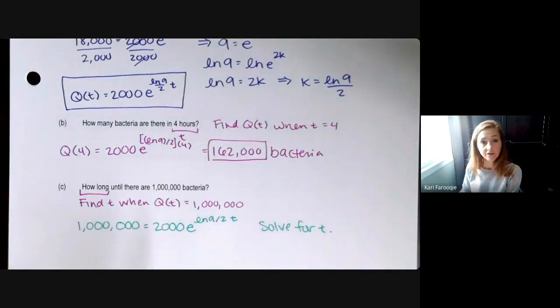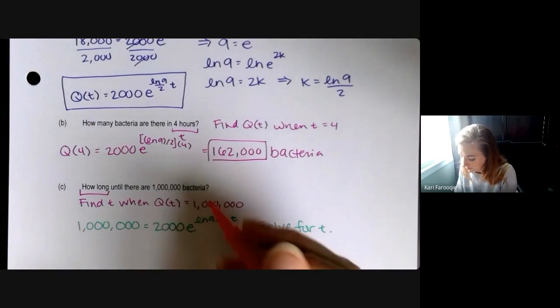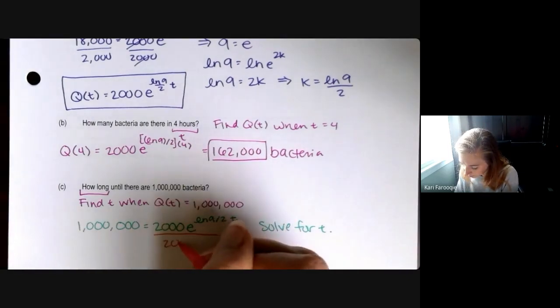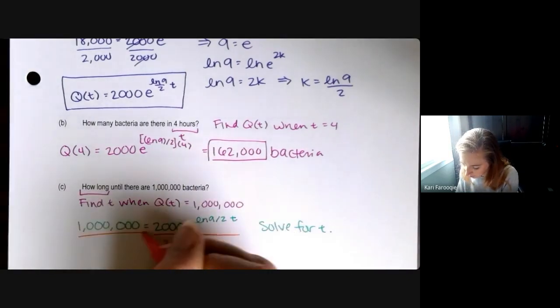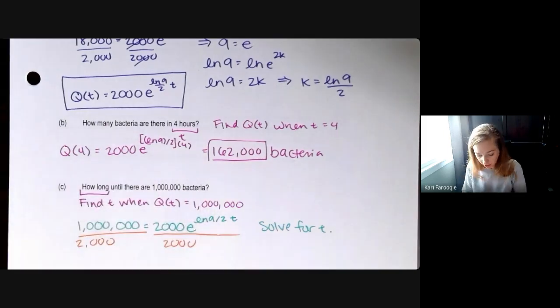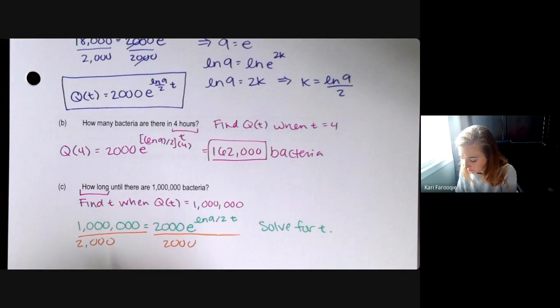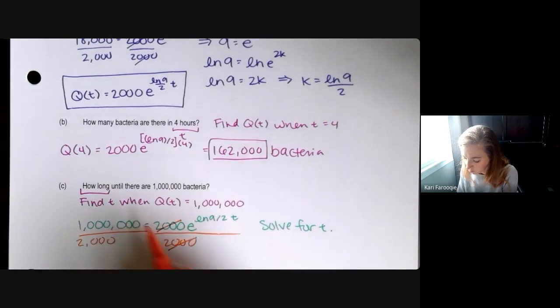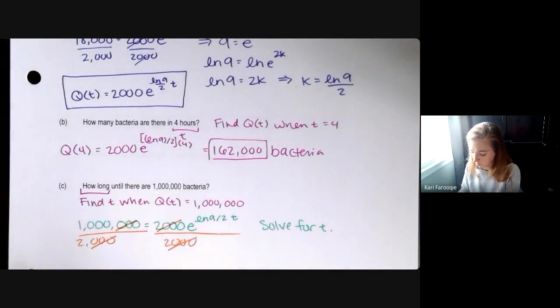To do that, divide both sides by 2,000. I'm going to show this so you can see it. Okay, when you divide by 2,000, three of those zeros go, and then you have 1,000 divided by 2, which is 500.